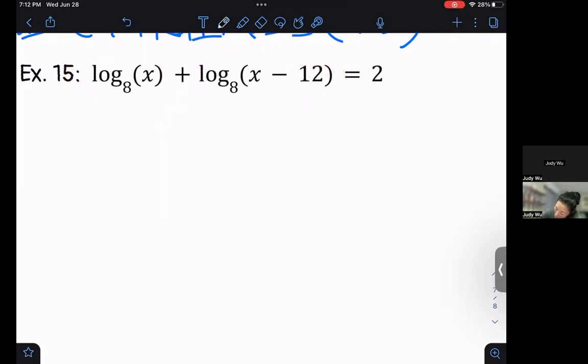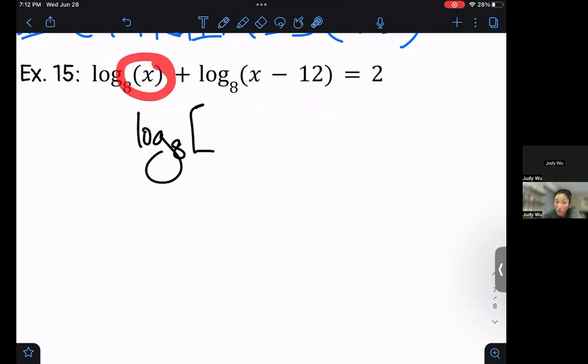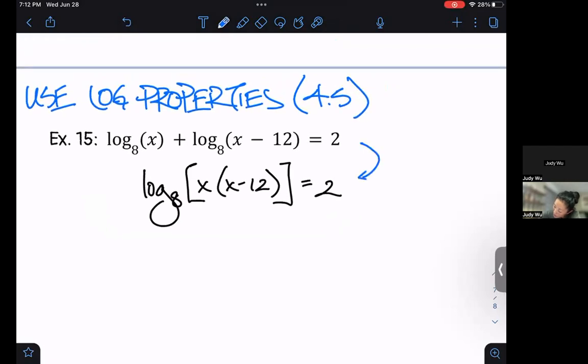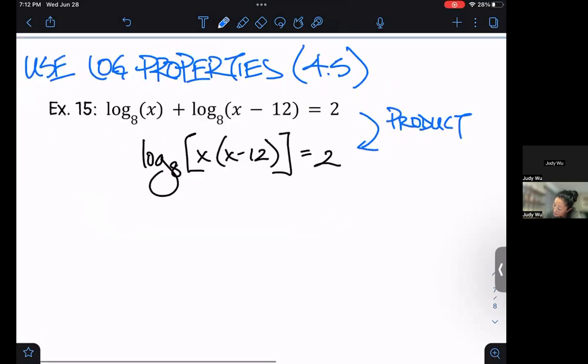And so that means that I have log base 8, and I'm going to use a bracket here just to show that I'm taking this quantity and multiplying it by this quantity. So x times x minus 12, right? So log base 8 of everything in the bracket equals 2. All right. And so let's note here that we use the product property to condense.